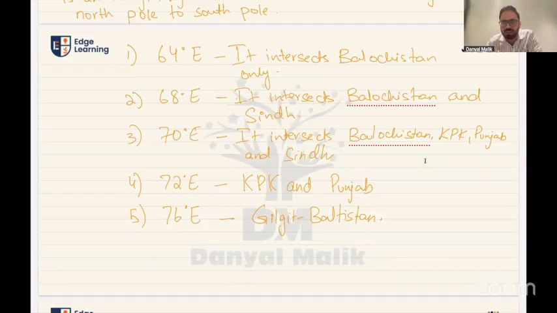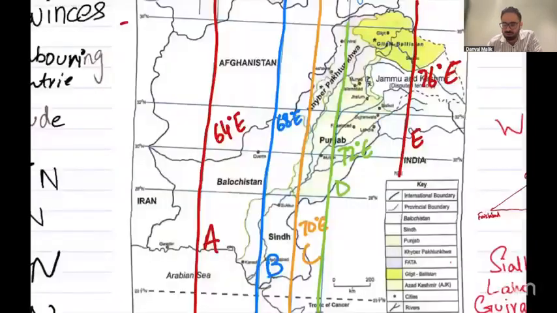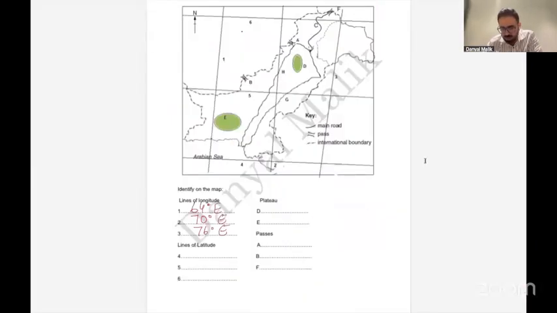The answer has to be 76. Even though I told you it can be slightly up or down, the answer has to be from any one of these five values. That is why number three is going to be 76 degrees.